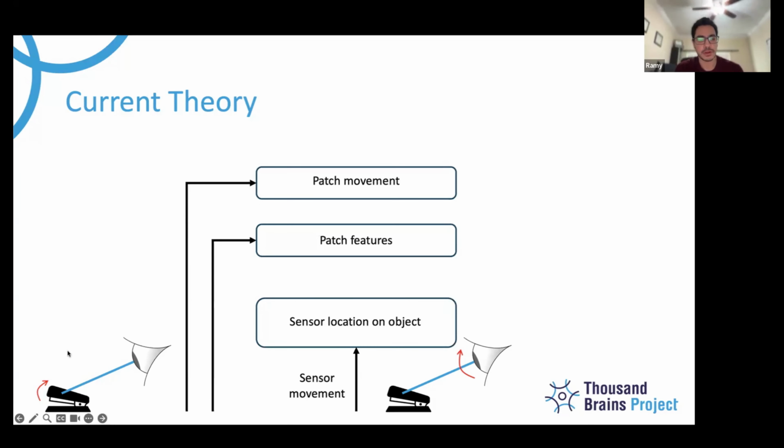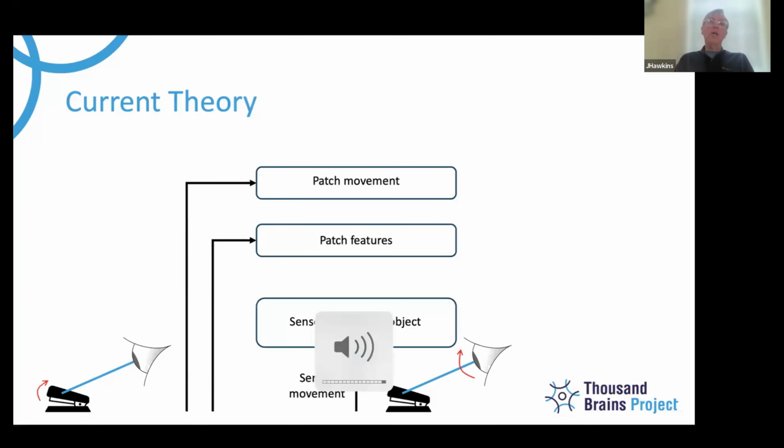But there is also another signal coming from the magnocellular pathway that has smaller receptive fields, and it's just representing the patch movement. So you're still looking at the same location, you're not moving your eye, but the object itself is changing or morphing in some way. Could be also color changing. That's why you have patch movement.